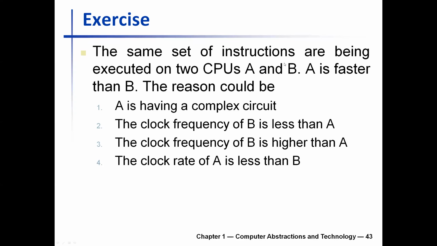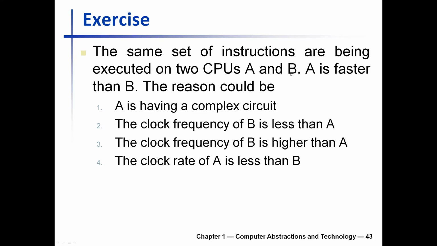Could that be a reason why A is performing faster? Again, yes, it could be a reason. A having a faster clock would probably mean A's circuitry is simpler compared to B. So it is possible that A uses more clock cycles to complete the same instructions compared to system B.